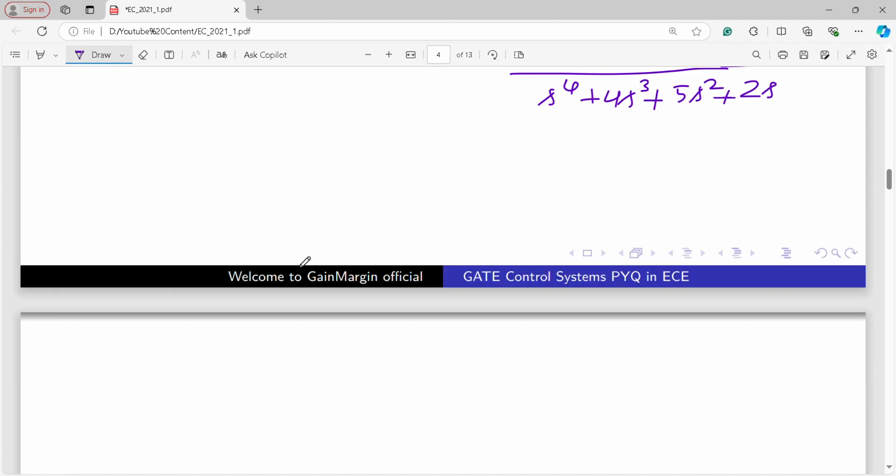So what would be our CLTF, closed loop transfer function? T(s) equal to G(s) by 1 plus G(s), since H(s) is equal to 1 for the given question.